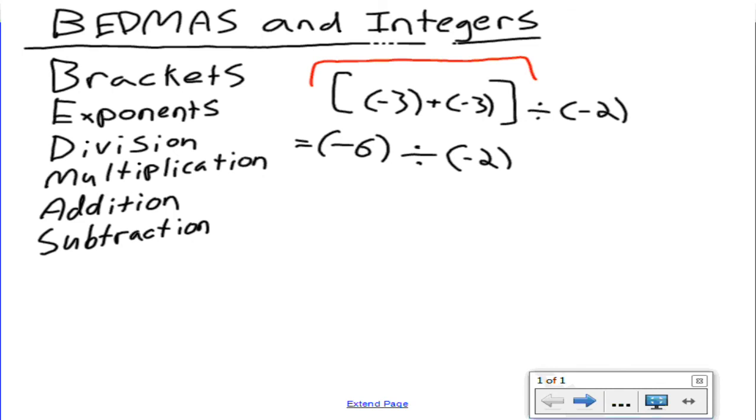Okay? Simple division with integers. 6 divided by 2 is 3. I'm dividing a negative by a negative, so my rule tells me that the answer is a positive. And my answer is positive 3.